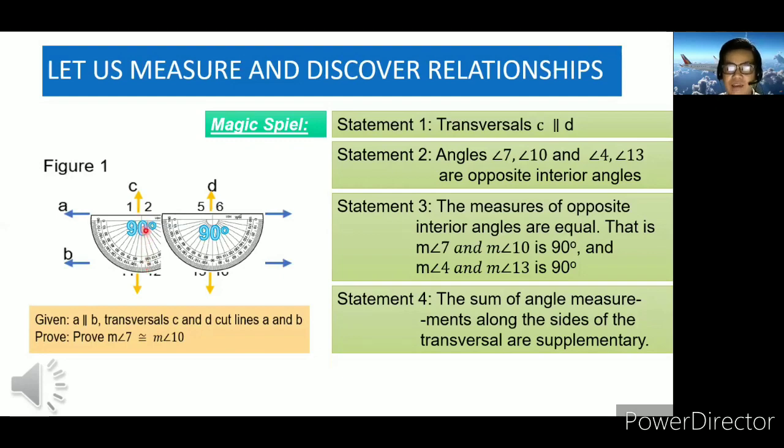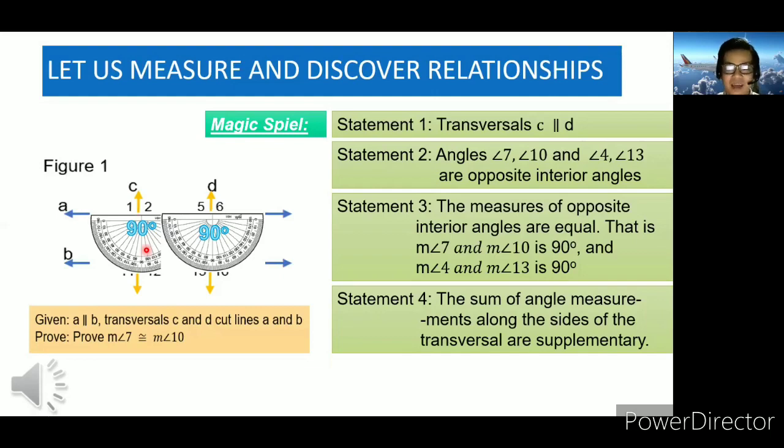That is 90 degrees plus 90 degrees. So in this case, angle number 4 and angle number 10 are supplementary because angle number 4 measures 90 degrees plus the measure of angle 10 is also 90 degrees, which has a sum of 180 degrees.